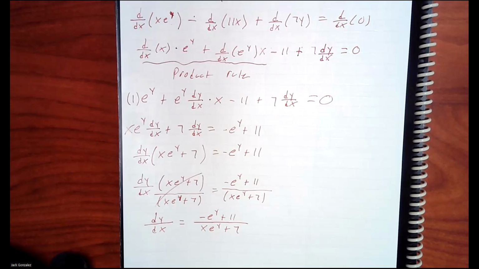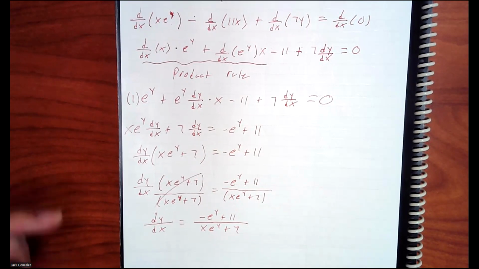You can only cancel if you can factor it. If you can factor it out from top and bottom, feel free to cancel. Respect is always at the bottom. Any questions on this problem? Example 4.